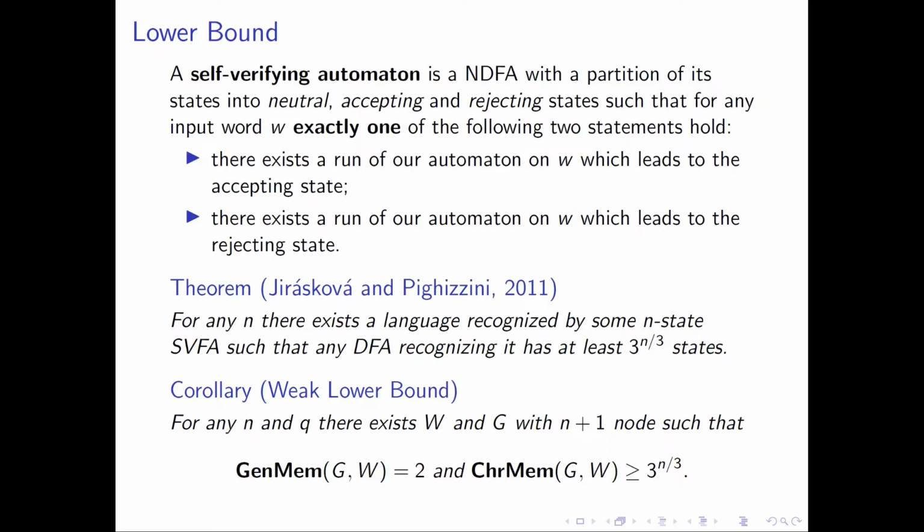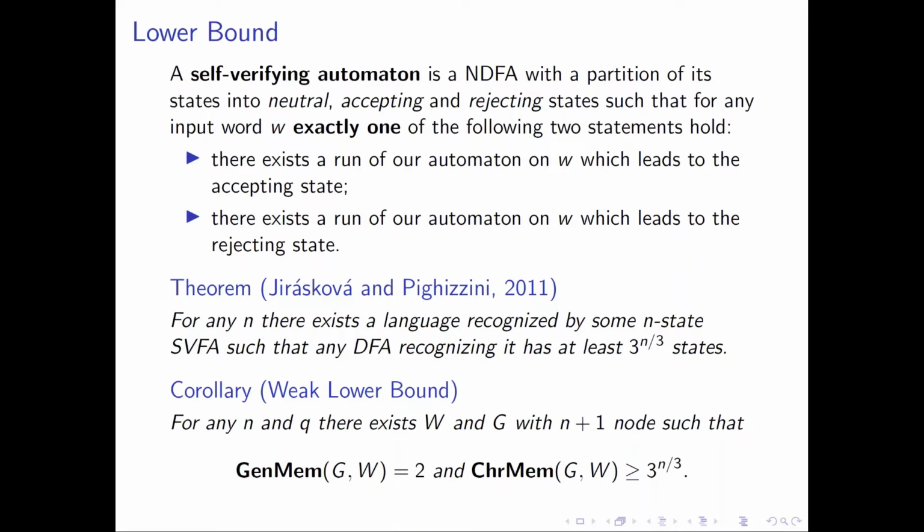And finally, the most important requirement is that for any input word, either there exists a run of our automaton on this input word which accepts it, which leads to the accepting state, or there exists a run of our automaton on this input word which leads to the rejecting state, and most importantly, that exactly one of these two statements should hold. Not two, not zero, but exactly one.